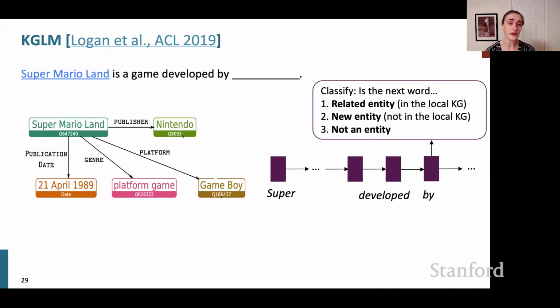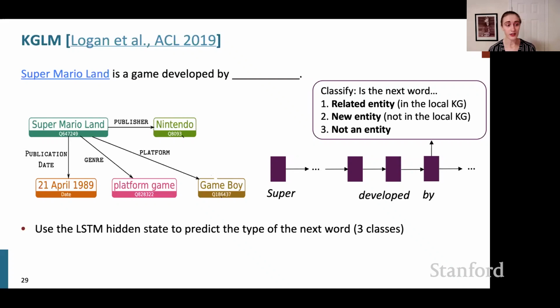Well, now we're also going to use the LSTM to predict the next type of the word. Is the next word going to be a related entity, meaning it's in the local knowledge graph already? Is it going to be a new entity, meaning it's not in the local knowledge graph? Or is it going to be not an entity, in which case you just revert to a normal LSTM prediction? They're going to use the LSTM hidden state to do this prediction of the type of the next word over these three different classes.